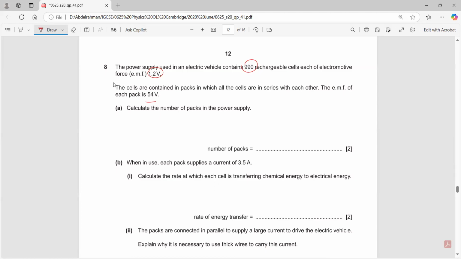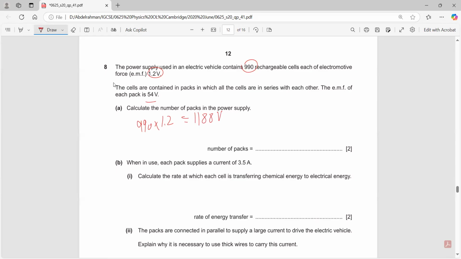First of all, can you find the total EMF? Yes, it's 990 times 1.2, which is 1188 volts. This is the total EMF of the whole power supply.